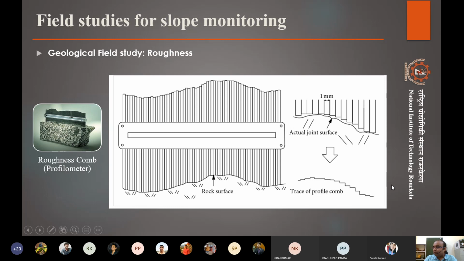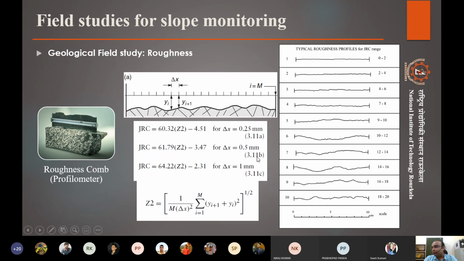Okay, so how do we convert the profile we get to an actual roughness index? There are certain formulas based on the thickness of these needles, from 0.25 mm, a quarter of a millimeter, to 1 mm. There are many, and based on that, there are empirical relations.